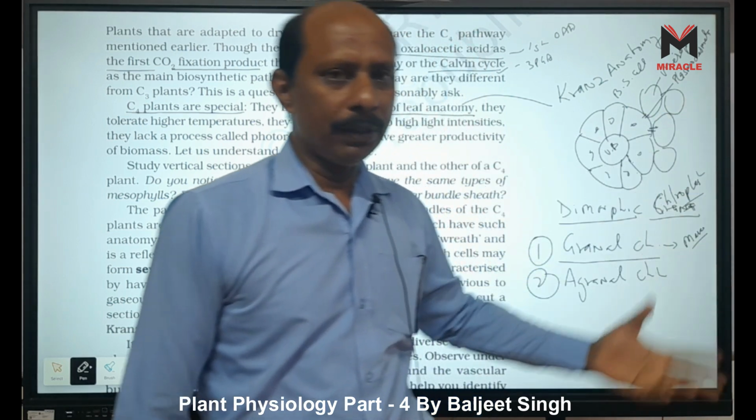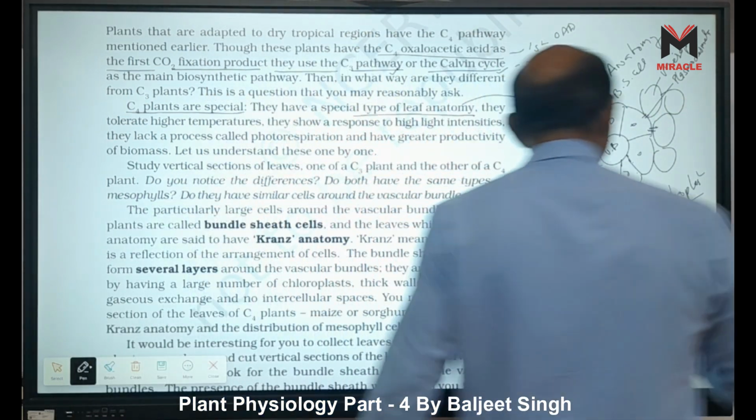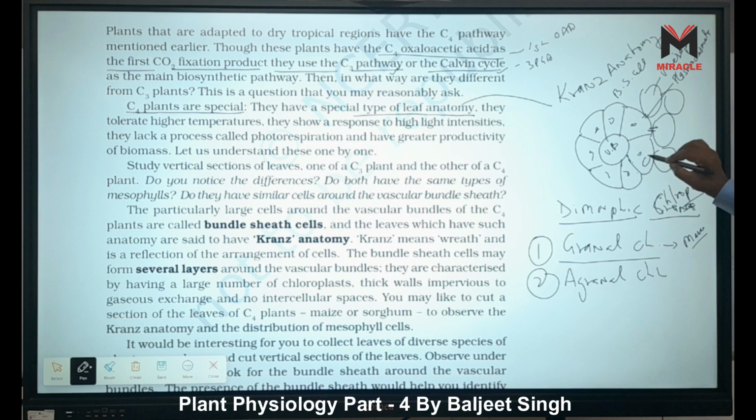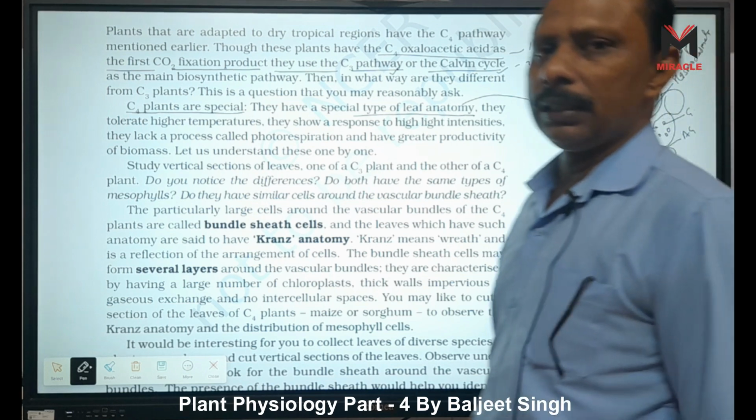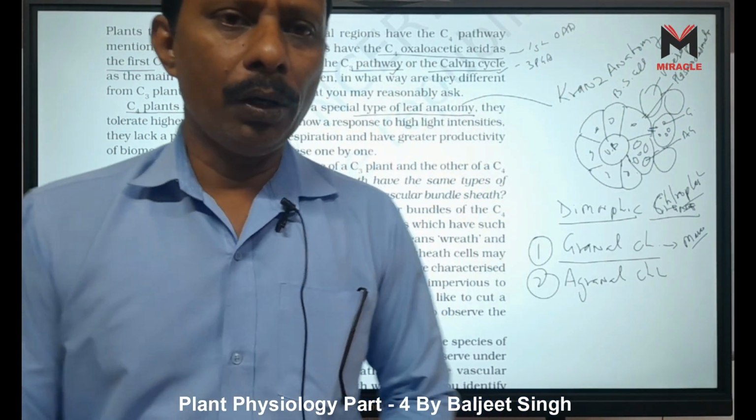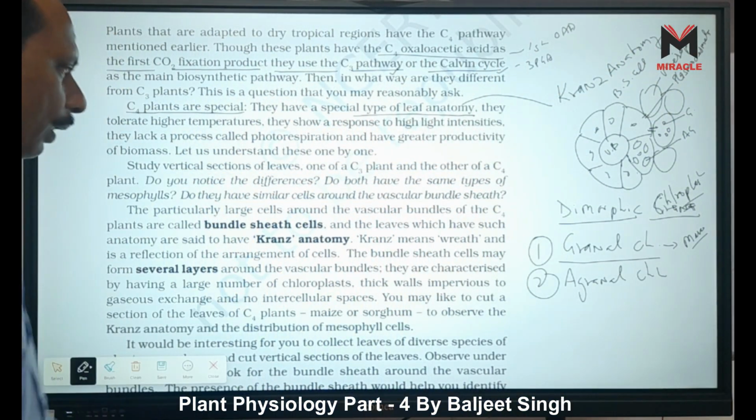So they have grana, meaning light reaction is there. But the chloroplasts in bundle sheath cells have no grana, because only the dark reaction, the stroma reaction, occurs there, right?